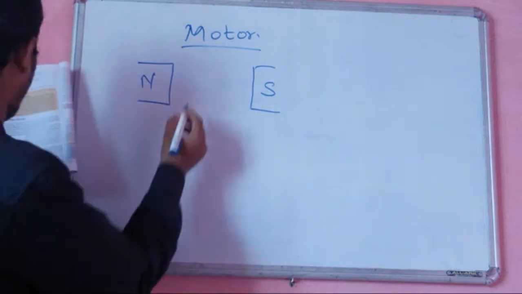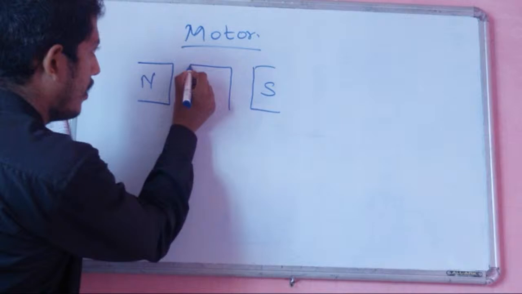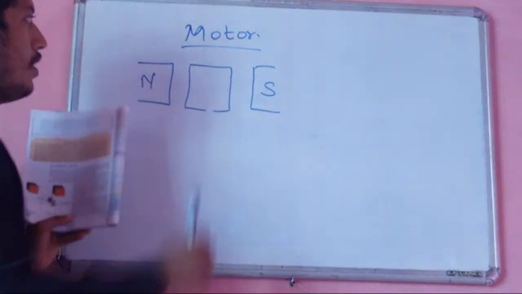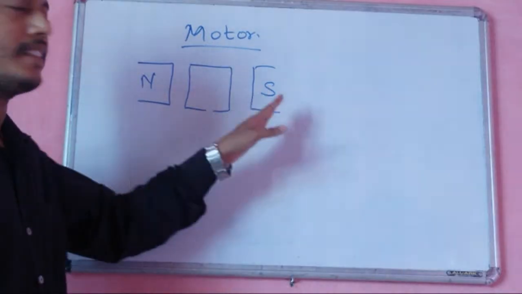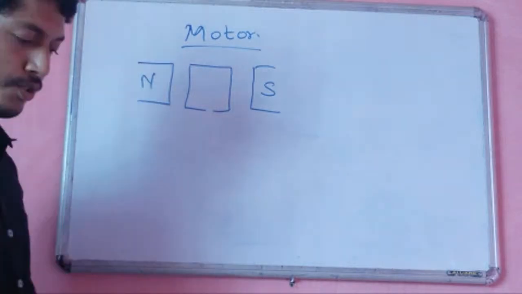That armature is present between two permanent magnets. Here N and S are the two permanent magnets, and this is the armature.